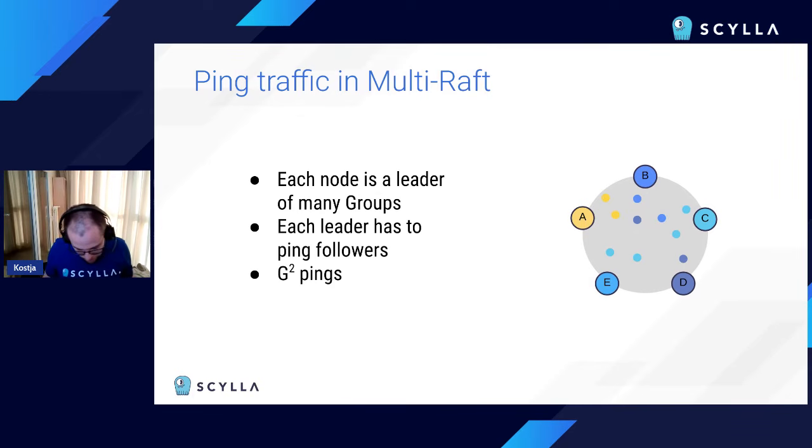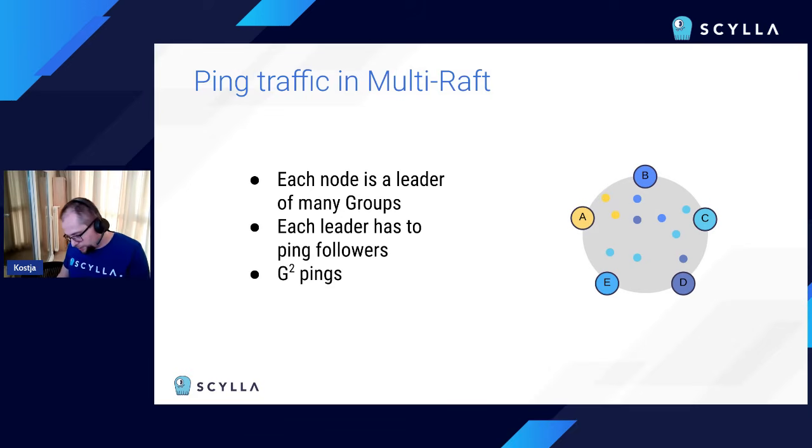That means that since every token thrown on the ring that a node owns has its own replication strategy and replication topology, we are going to end up with a lot of groups. What we call a group is a single instance of the Raft protocol. That would include all of the replicas for this token.